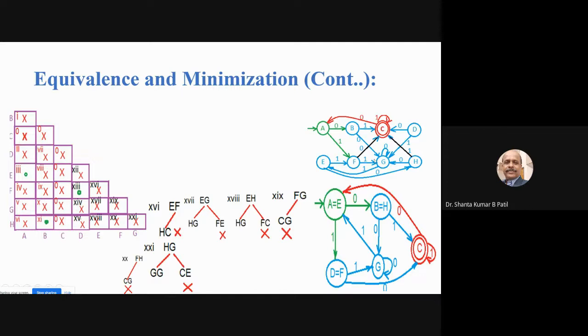Replace the two states B and H by a single state called B is equal to H. From this dot mark, we come to know that F and D are equal. So replace the two states F and D by a single state called D is equal to F.